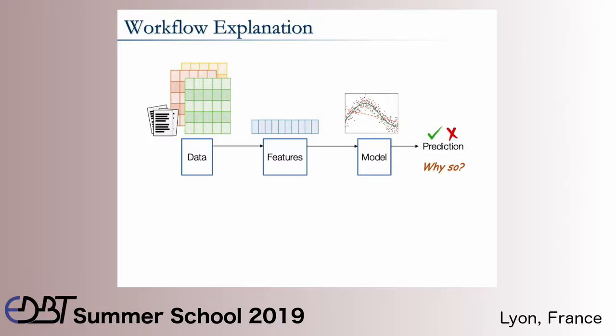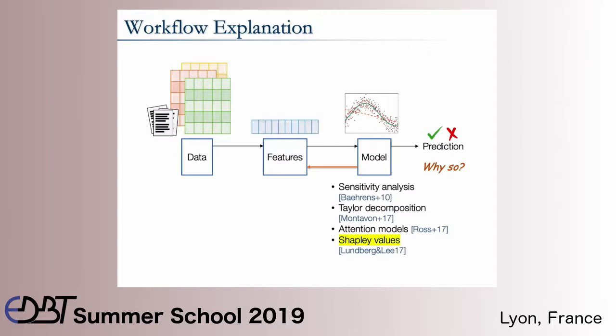So if you look at this pipeline, the explanation can consist of explanations of the specific individual errors here. If you look at what people have done in machine learning, they did things like, what is the most influential feature value on the result of the prediction?